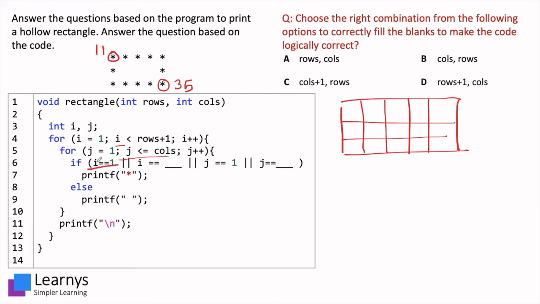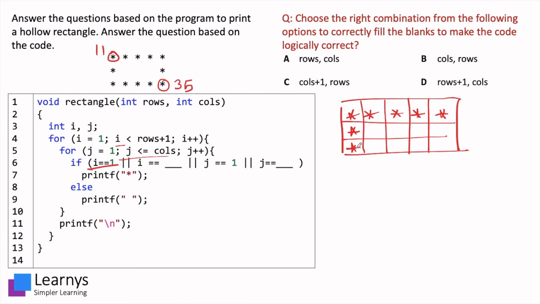In the first statement, I equals 1, we are looking at the entire first row. Anything that comes in the entirety of the first row gets marked by a star. So let's just mark all of this by stars. Then anything that is in the first column is marked by stars. Perfect.